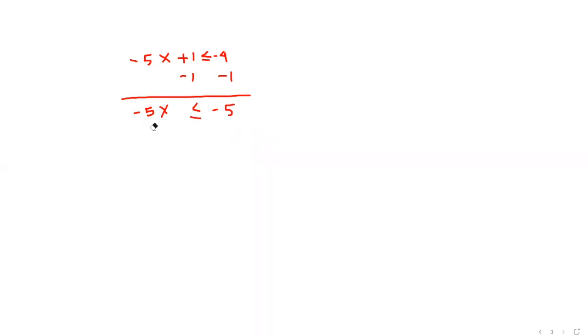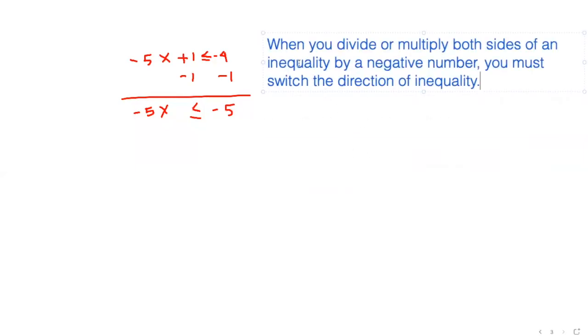When we divide both sides of an inequality by a negative 5, then we have to switch the direction of the inequality. So I am writing the note here. The rule says when you divide or multiply both sides of an inequality by a negative number, you must switch the direction of the inequality. So in this case, as we have to divide by negative 5 on both sides to cancel this negative 5, at the same time, we have to switch the direction of the inequality.